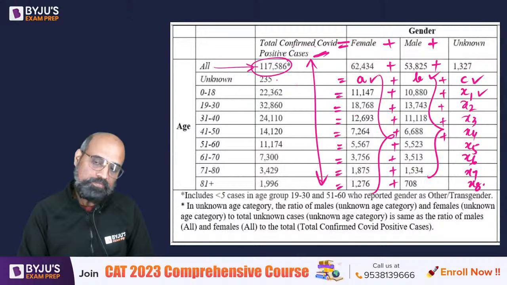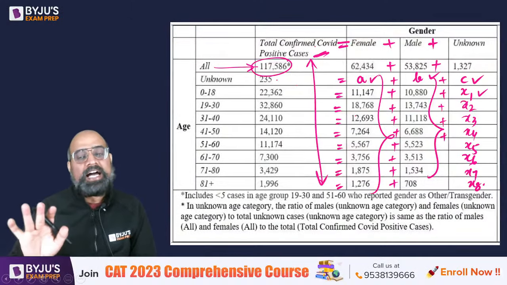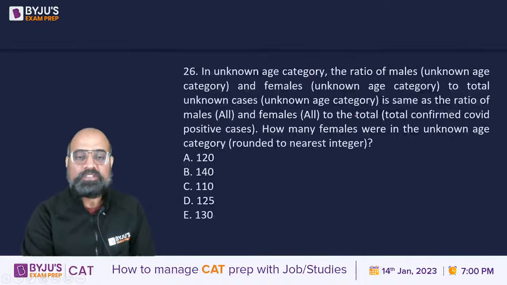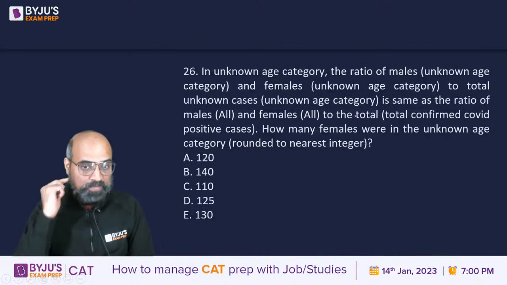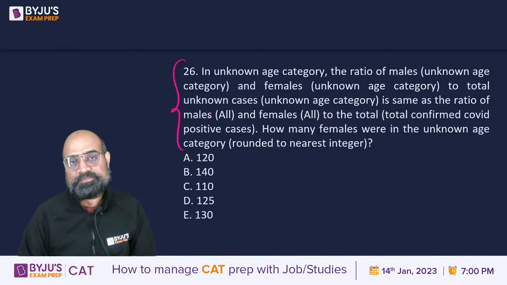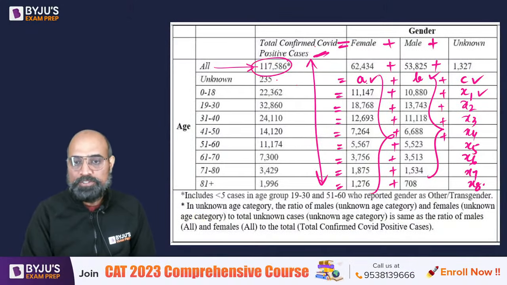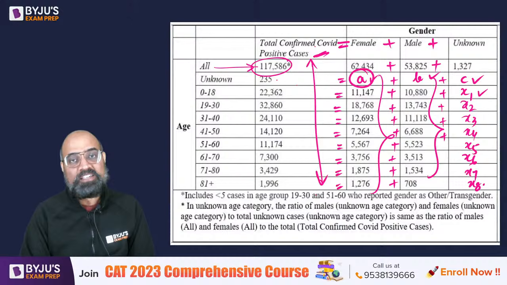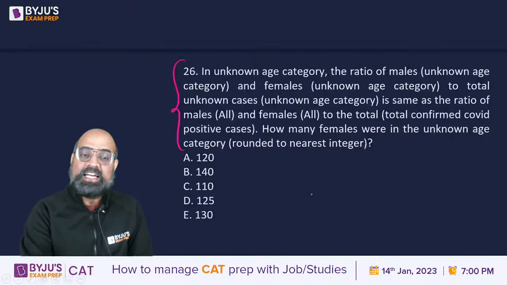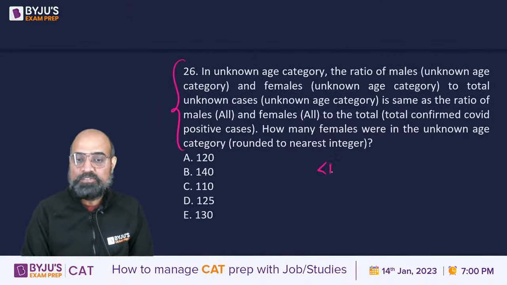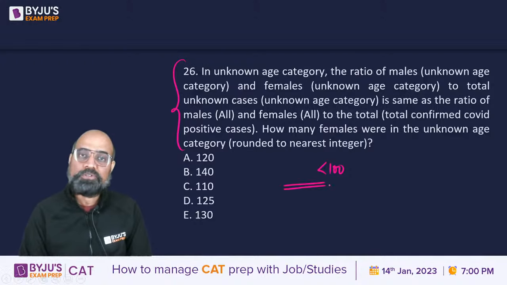Okay? Now, once you calculate all the values, आपका ये question गलत हो जाता है. Because the value that you get in A over here is something that is way less than 100. वो 100 से भी कम है अगर आप उसको solve करोगे तो.